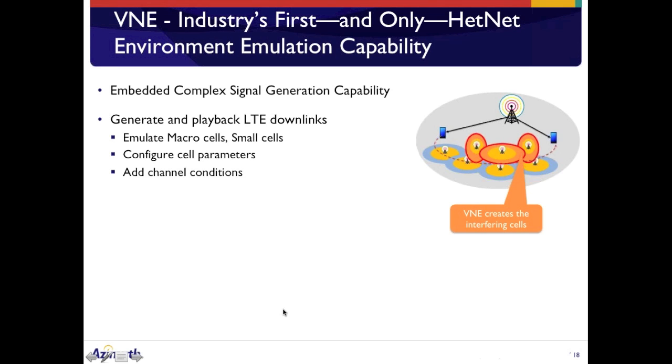Now, going back to what I mentioned a couple of slides back, making changes to live infrastructure is not very easy to do. Many times you will find that you may not be able to change things directly.